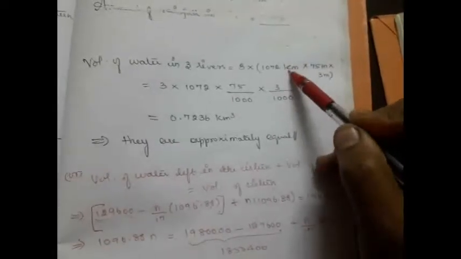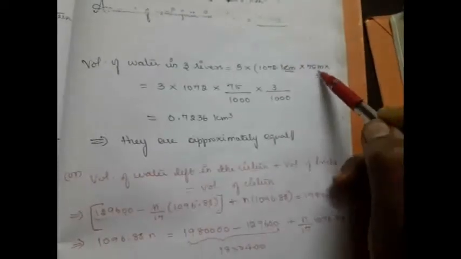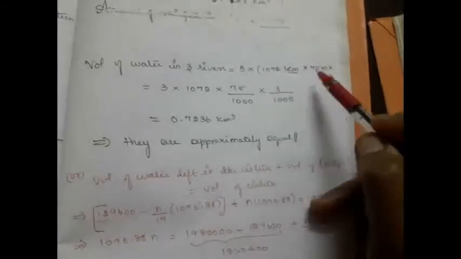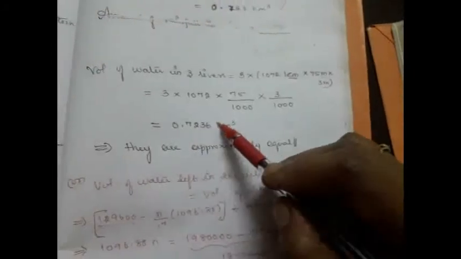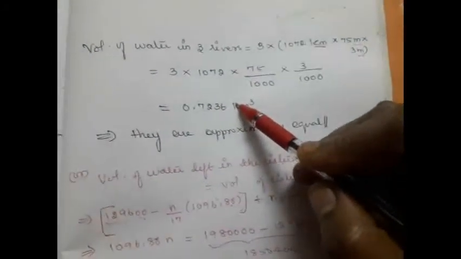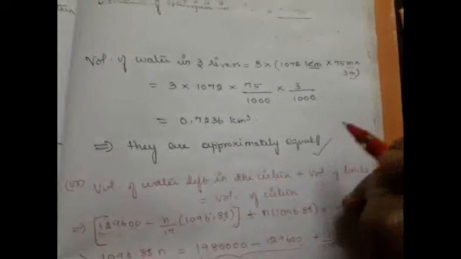Again, if you see, the dimensions are different, so be careful while substituting the values. So we converted into kilometer. We got 0.7236. Earlier we got 0.728. So they are approximately equal, right? And thus we came to the end of this exercise.